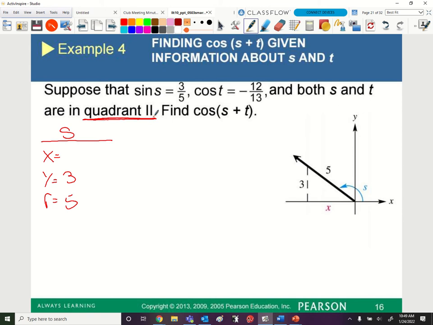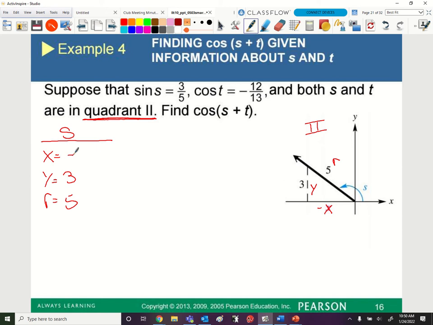So if you notice, here in the diagram right here, this is my y value here, this is my r value here, and this is my x value. So in quadrant 2, which this is, we know that the x value has to be negative. Quadrant 2, x value is always negative.